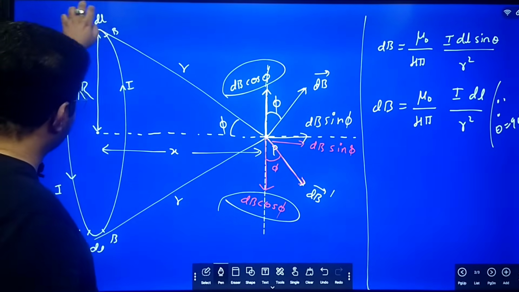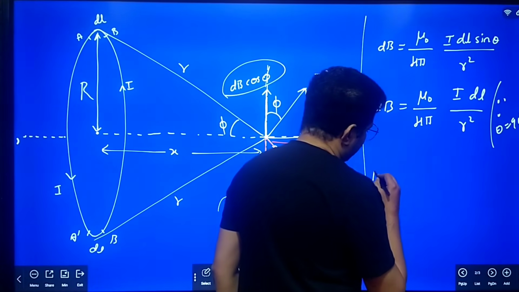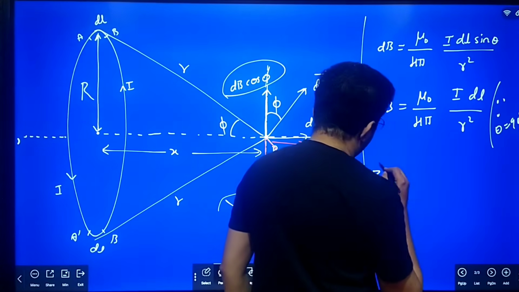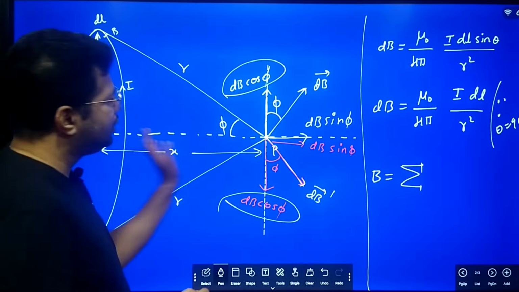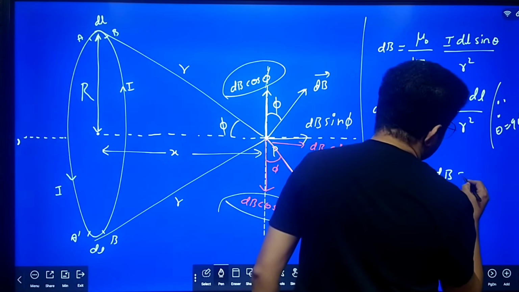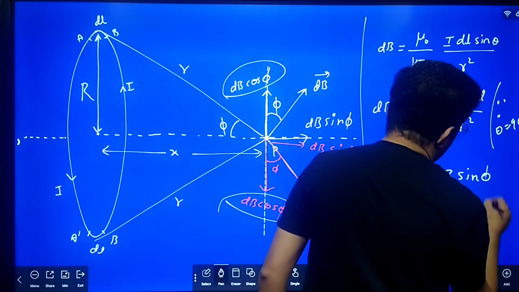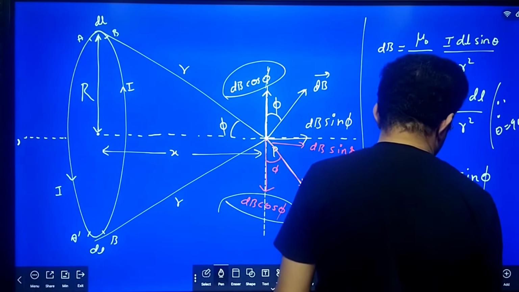But here there are so many current elements. To calculate the total magnetic field, what should I do? The total magnetic field should be equal to the summation of all those dB sin phi. We'll continue the derivation on the next page.